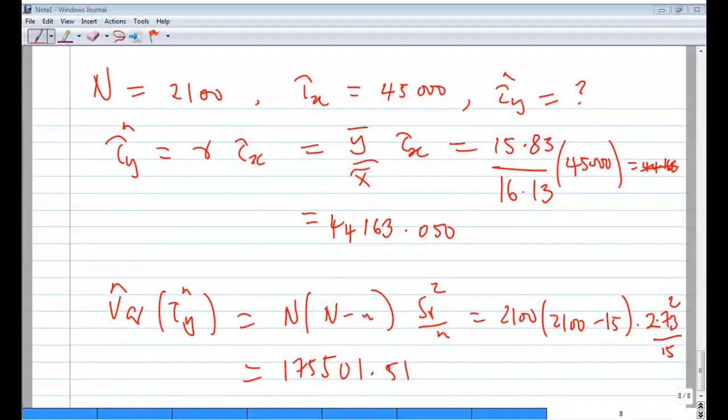The first value is 2. Repeat it again: 217,5501.51.